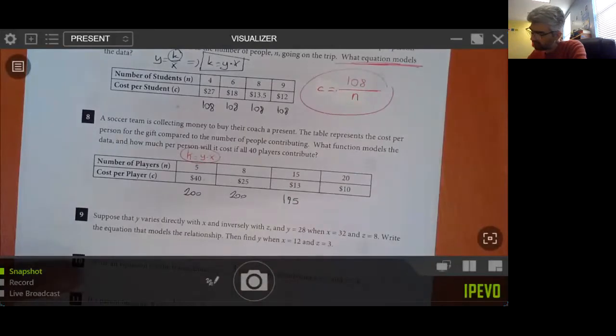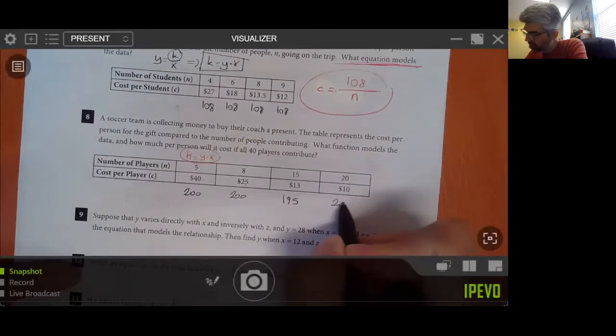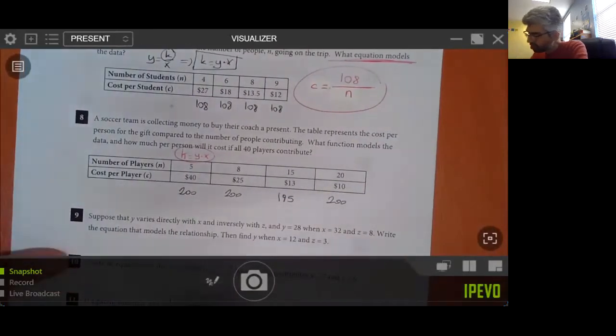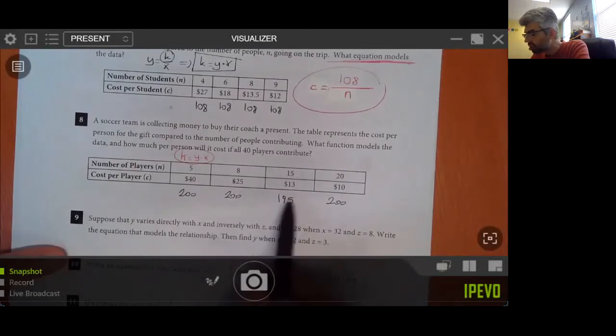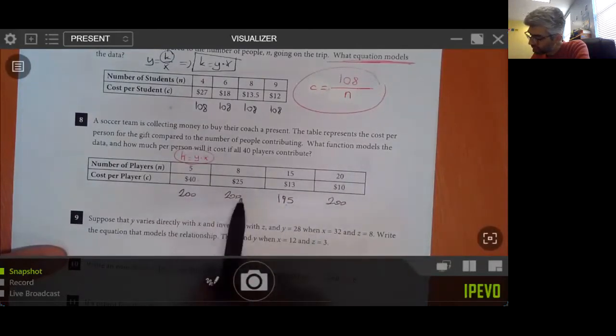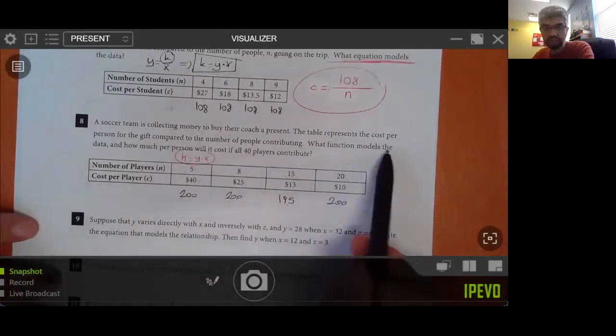And 20 times 10, it's 200 again. So we have this value, but remember, since the difference is too small and this is a real life situation, we can ignore this and select the most repeated number, which is 200. So K is 200. What function models here?